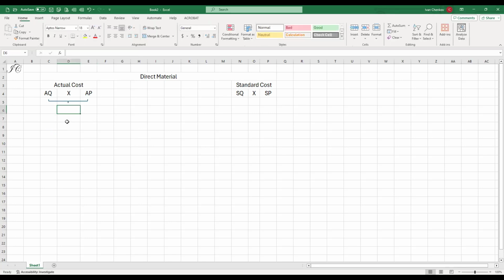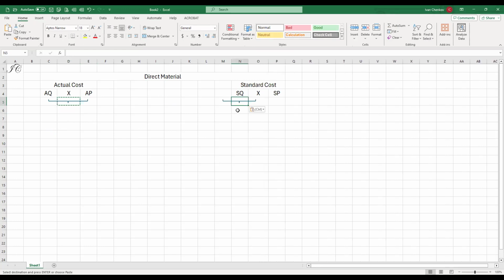Those two numbers, actual quantity, actual price, going to give me the cost, correct? Then I'm going to have exactly the same here. Those two are going to give me another cost, correct? Are you guys with me?